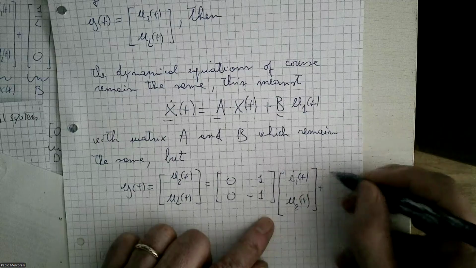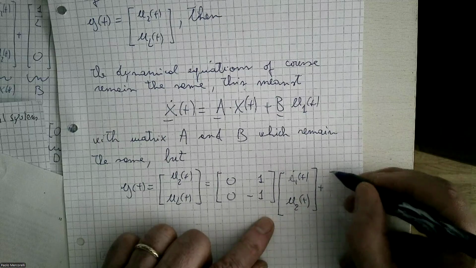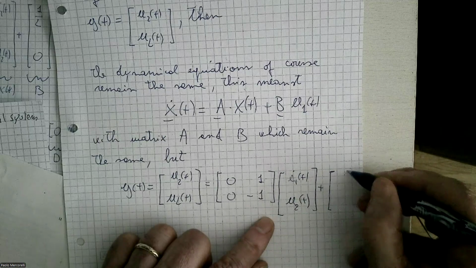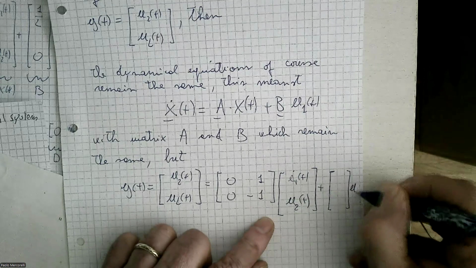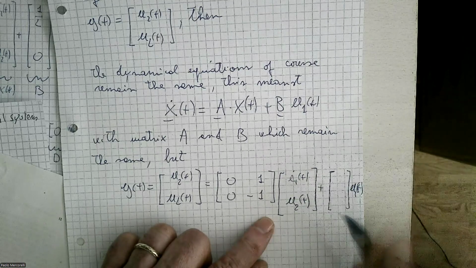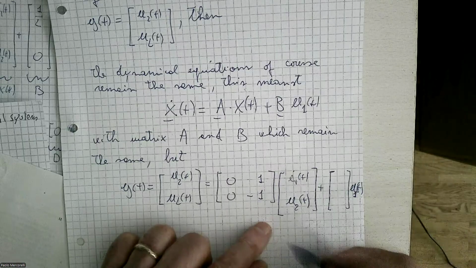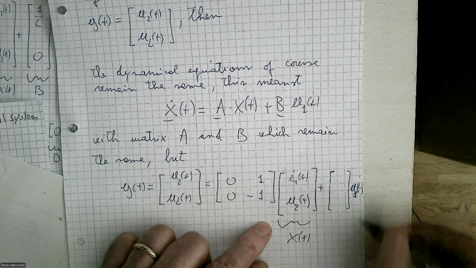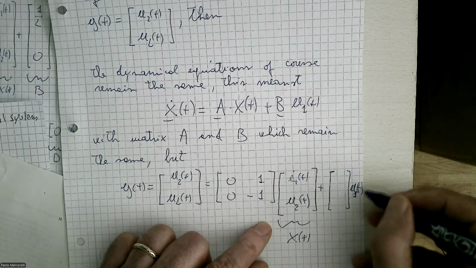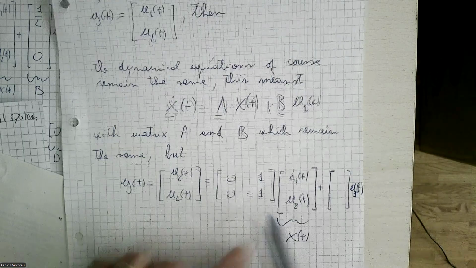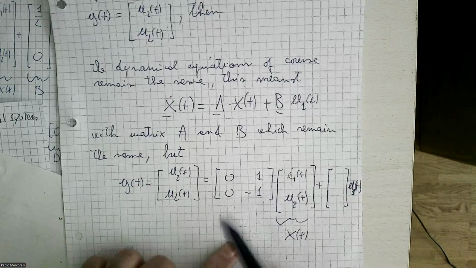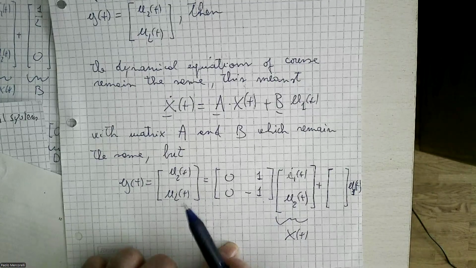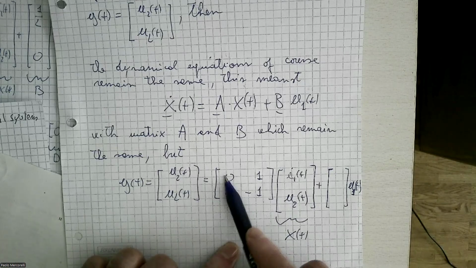Let me consider this, and then at the end the matrix B. Again, here x remains the same, and u1, the input, remains the same. Y: 0, 1, 0, -1, because it's the combination of what I have seen before. U2 was characterized by the matrix 0, 1.